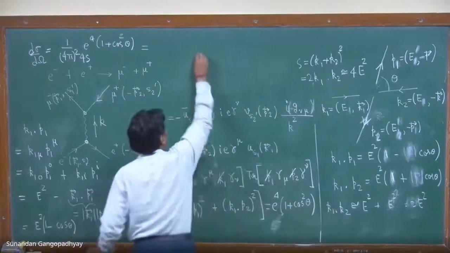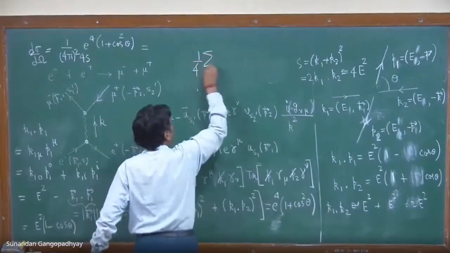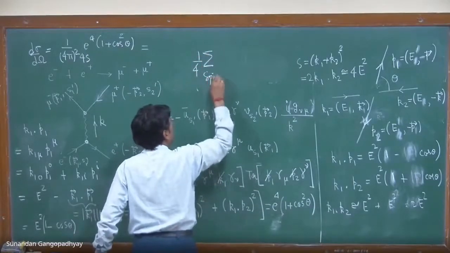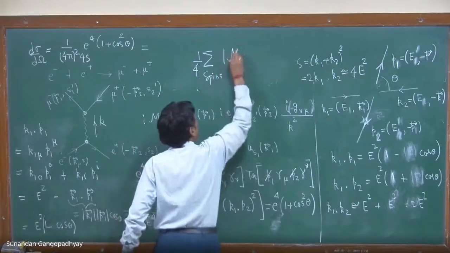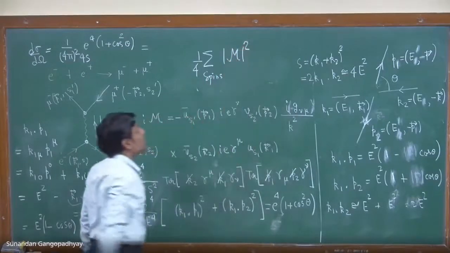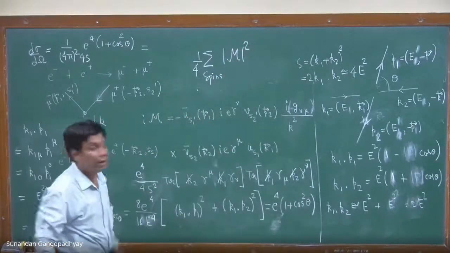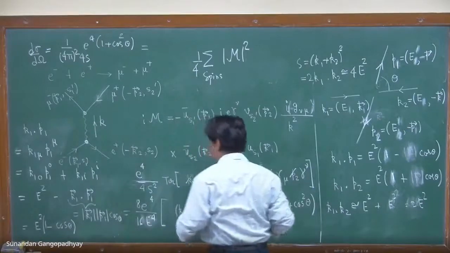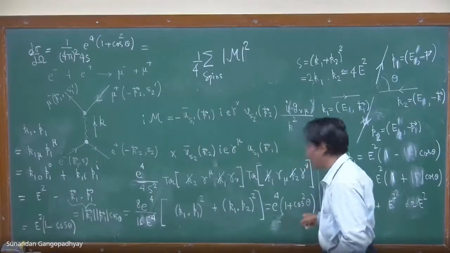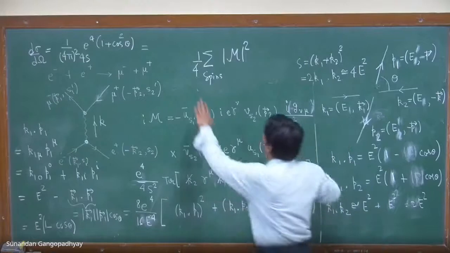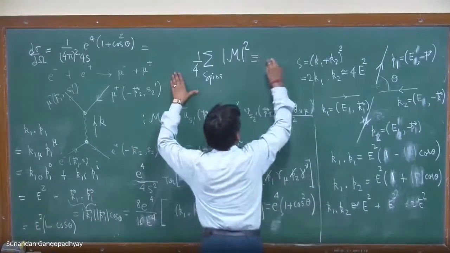So far, what we have done is we have calculated this quantity. Okay? And the expression for this quantity is e to the power of 4 times (1 plus cos squared theta).